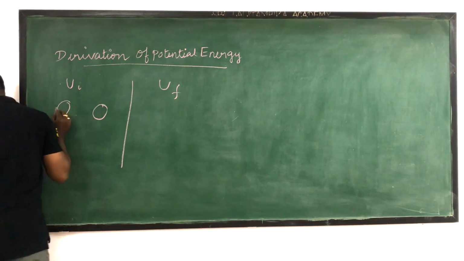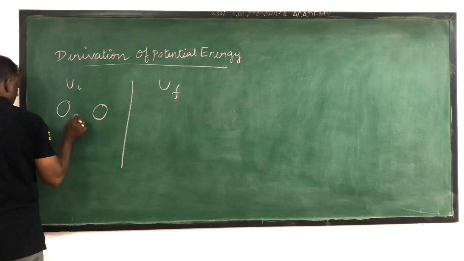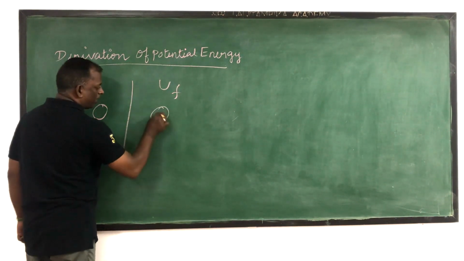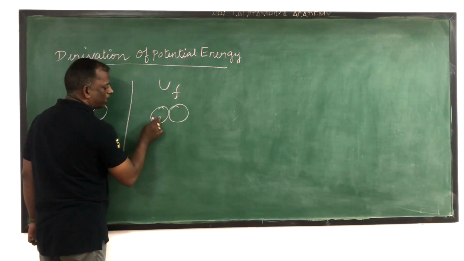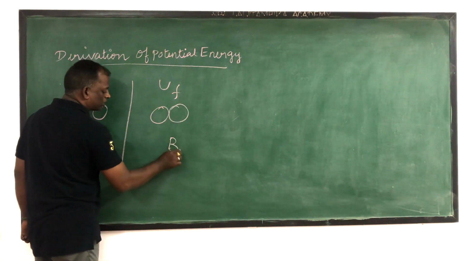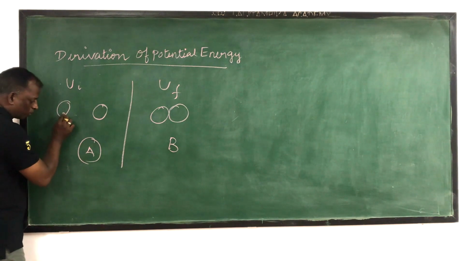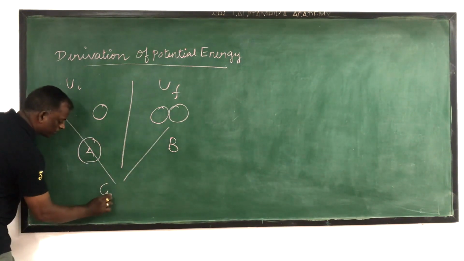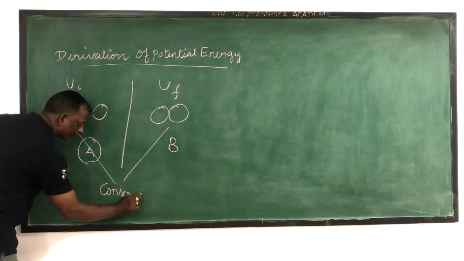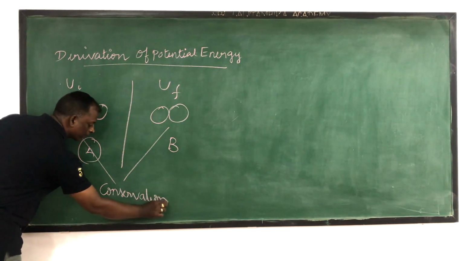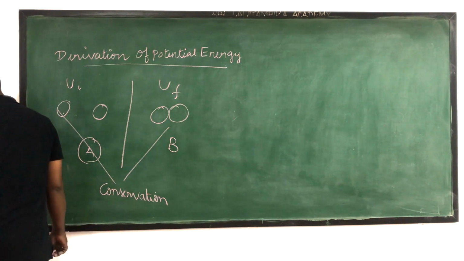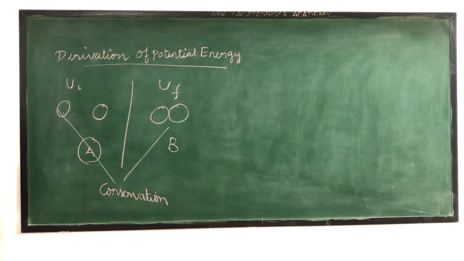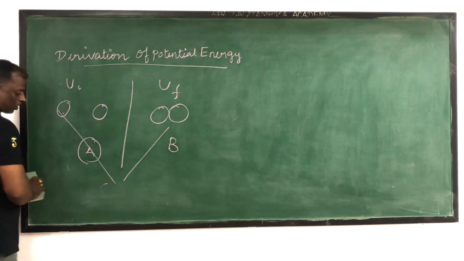So this is the system A. So இங்க ரெண்டு மாஸ் இருக்குது, but they are close. ரெண்டுமே கிட்ட இருக்குது. இது B ன்னு சொல்லுவோம். So this two we are calling as configuration.